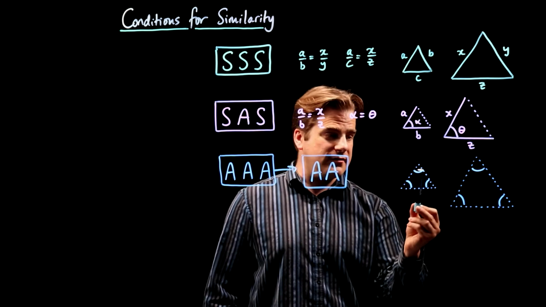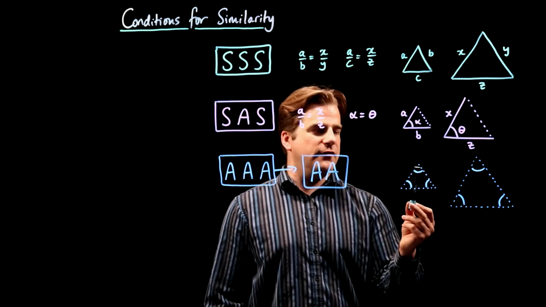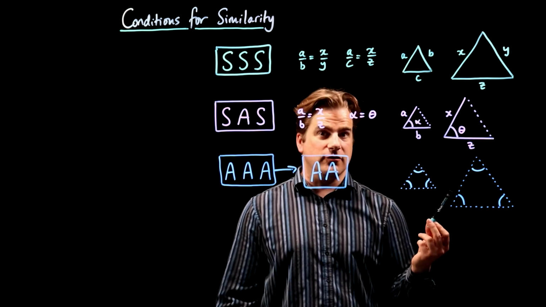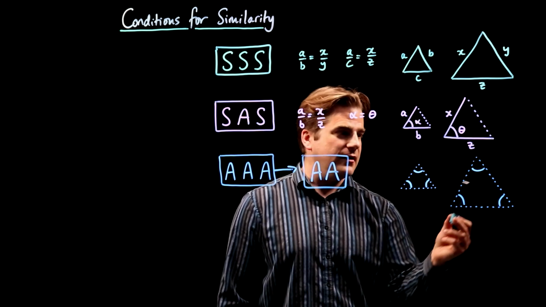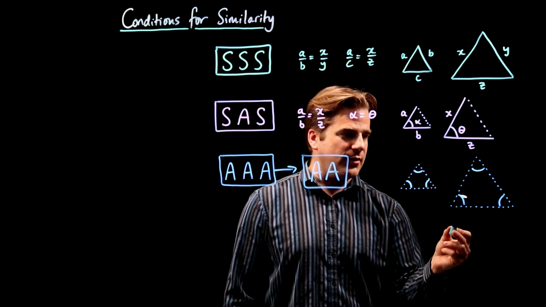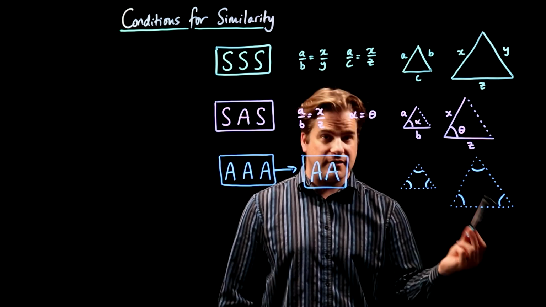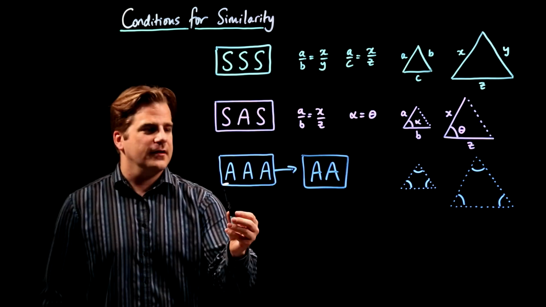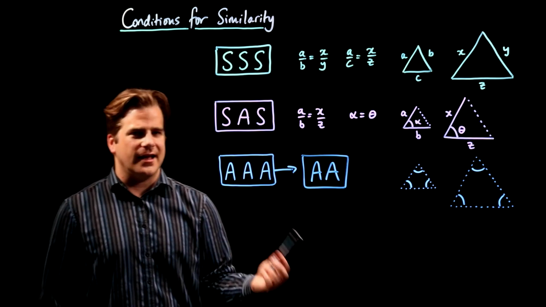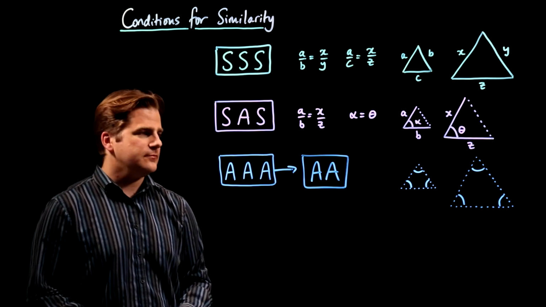So if those two added up to, I don't know, 120, then that must be 60. If those two added up to 120 and were the same as those two, then that must also be 60. So in a sense, the AAA is also just AA.